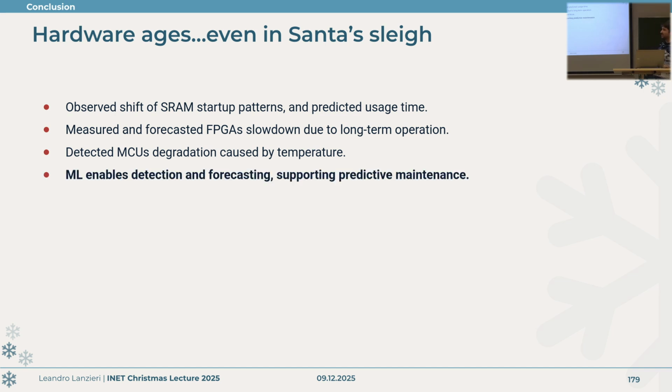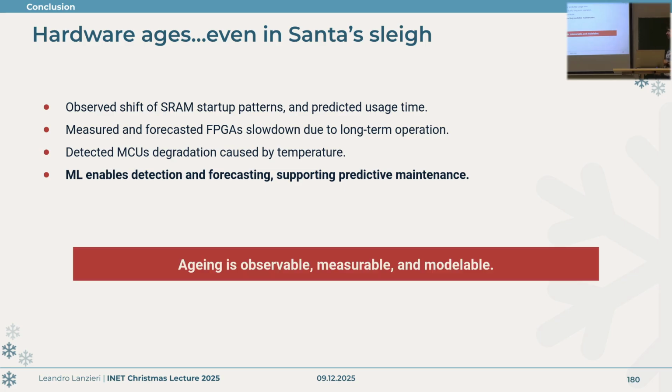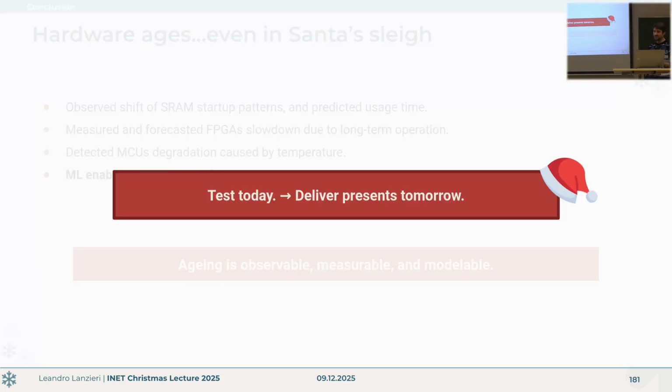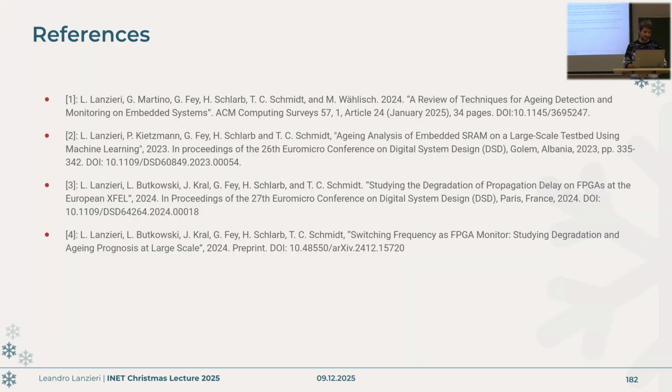In general, machine learning has enabled the detection and forecasting of all of this degradation and thus supports predictive maintenance in large-scale and long-term operations such as European XFEL or toy production. So in general, aging is observable, measurable, and modelable. And as we like to say in this initiative, test today and deliver presents tomorrow. Thank you.